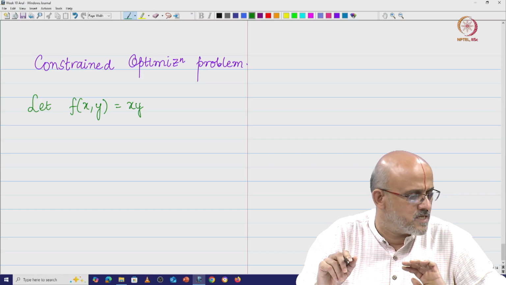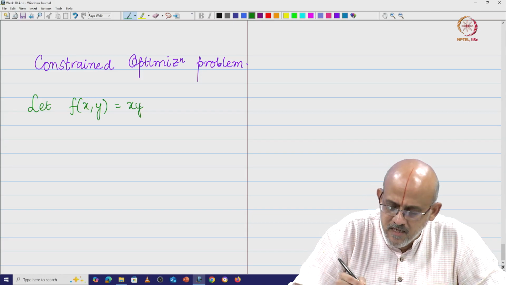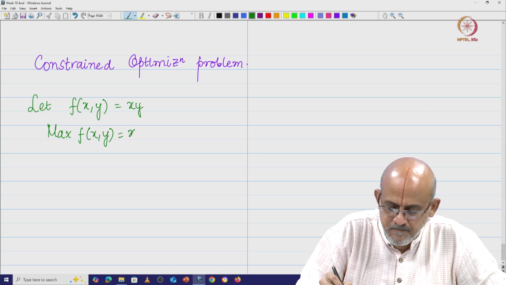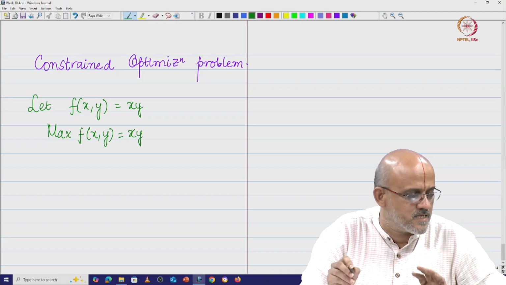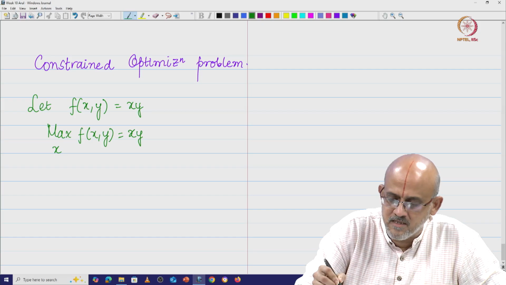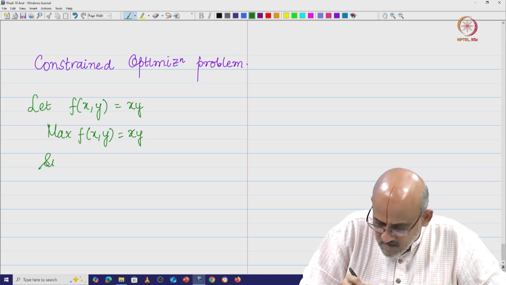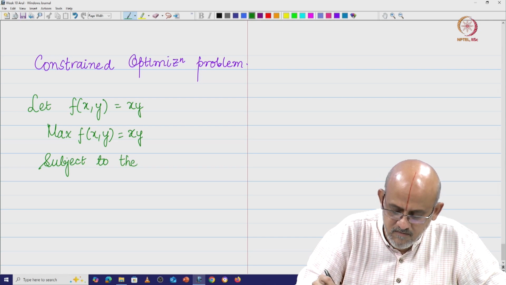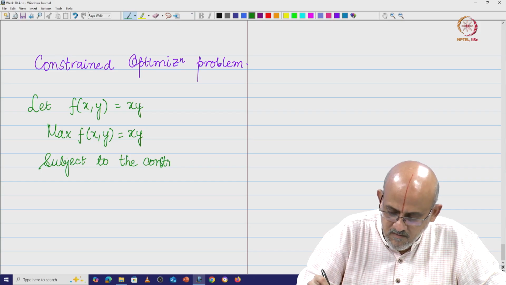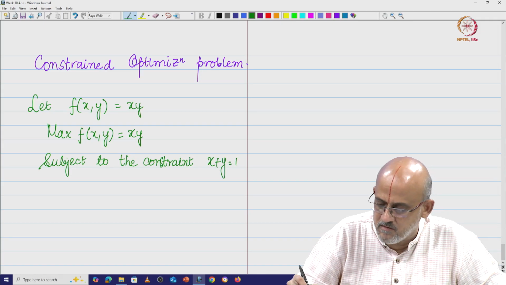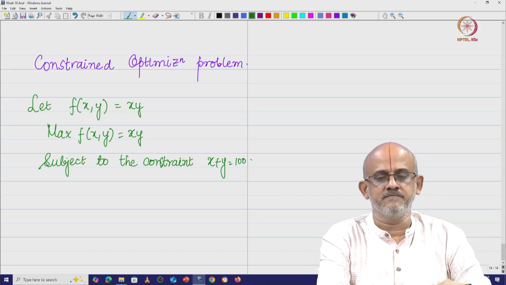I am also going to say that, look, maximize f of x y is equal to x y, subject to the constraint, let us say x plus y is equal to 100. Let us just put this, x plus y is equal to 100.